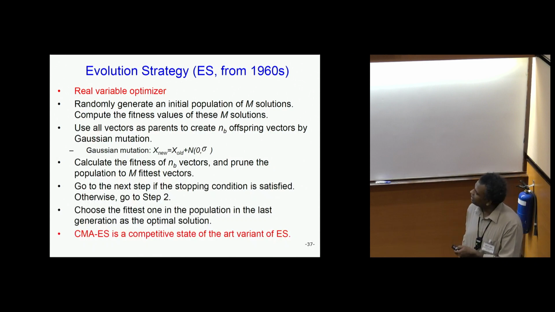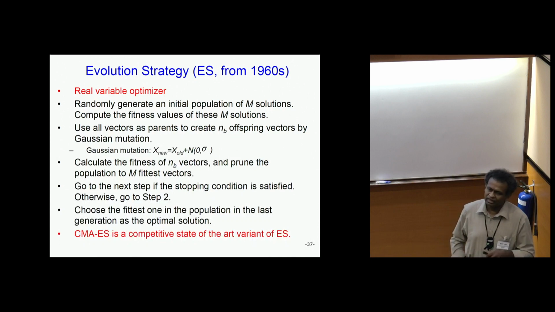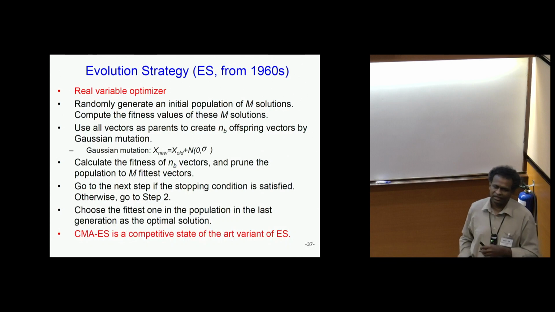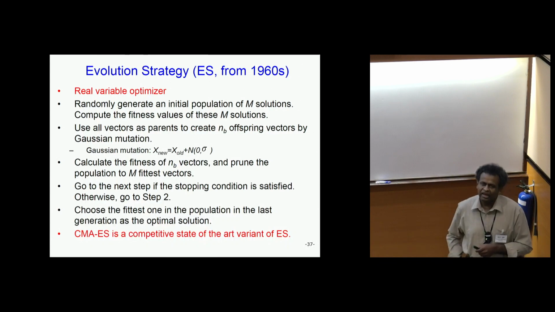And the software is available in MATLAB format. So there are a few variants, but almost all the variants are available in MATLAB format. And this is a competitive real variable optimizer, CMAES.